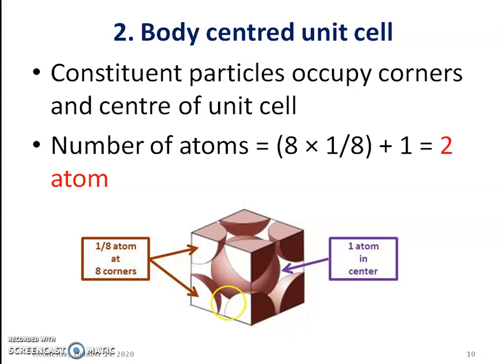So the total number of atoms in the body centered unit cell is 8 into 1/8, which is for corner atoms, so this is 1, plus 1, the contribution of the atom present within the unit cell. So 1 plus 1 is equal to 2. It means in a body centered unit cell there are 2 atoms.